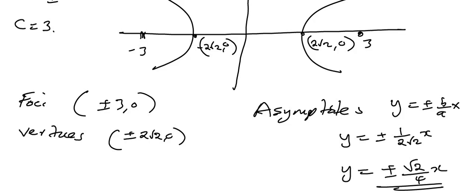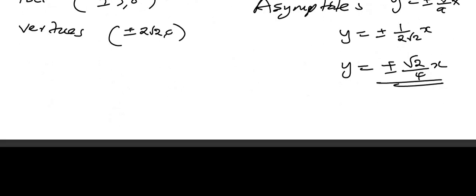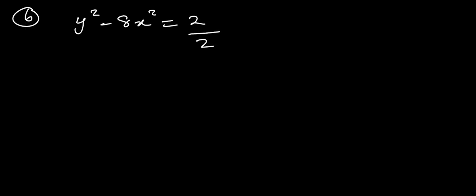In the next one, this is going to be part B, which is y squared minus 8x squared is equal to 2. Remember that we need to have 1 on the right hand side, so I'll divide everything by 2. That's the first step.